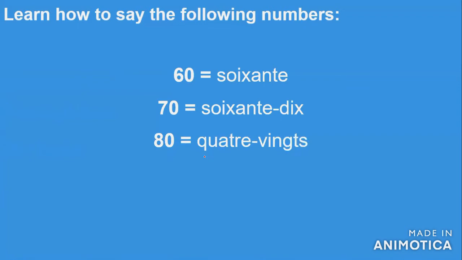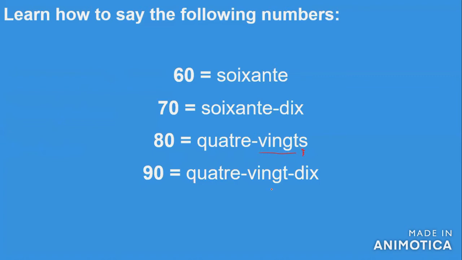80, 90. So now, as you can see, 80 has an S at the end of it. Why? Just because that 20 is at the end of the amount right here. Okay, like 4 20s, quatre-vingts.